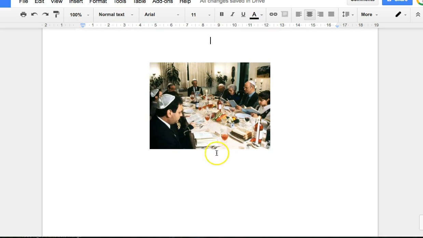Similarly, there is flatbread, there is wine that's being shared, there would be eggs on the table, lamb, bitter herbs. But we see that the story of the Passover is now being shared in written form using sacred texts. Because society has changed, so too have aspects of this celebration commemorating the Passover, but those central beliefs remain the same.